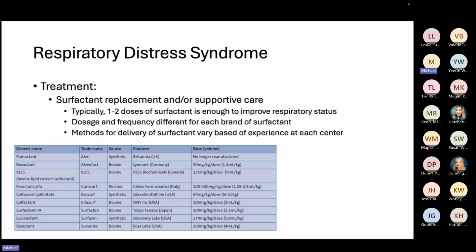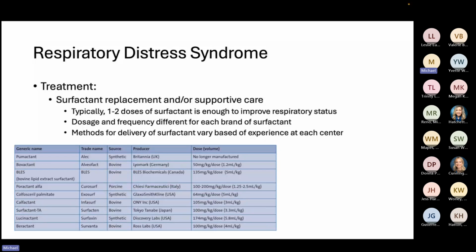But the volume of Survanta is higher, and so you actually get better distribution. It just depends on what your center uses and what you like. Our center here actually trialed CuraSurf for about 2 years, and we didn't really see any difference. We were still giving repeat doses as often, whether we used CuraSurf or Survanta.